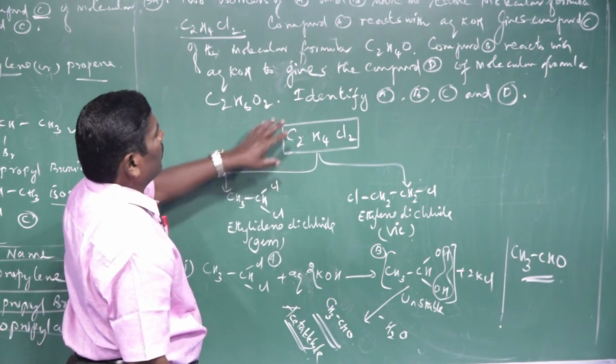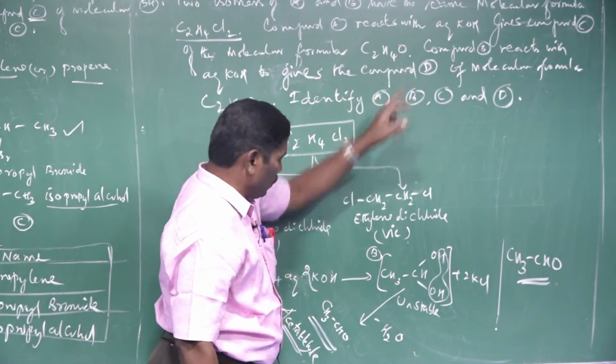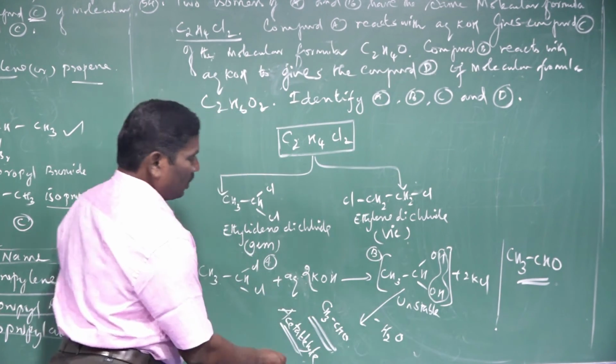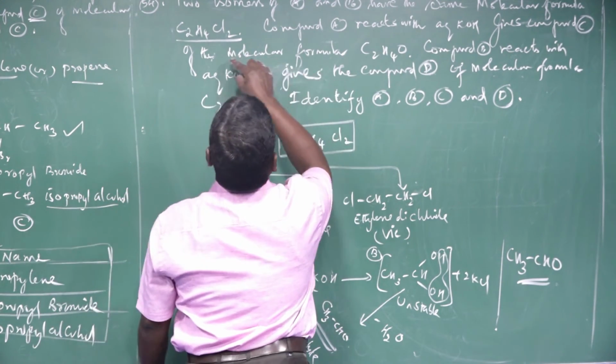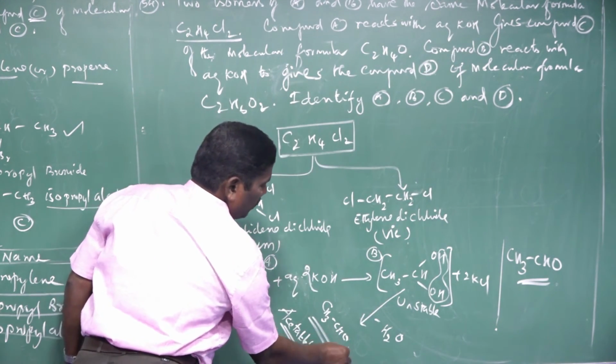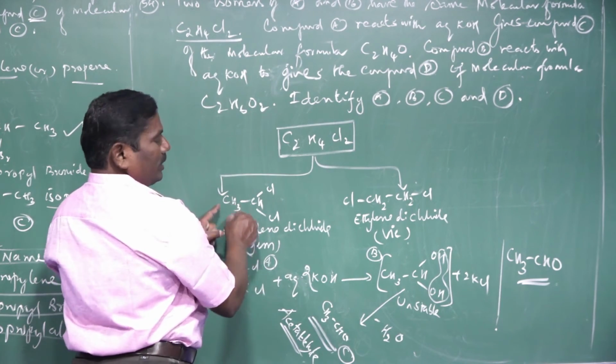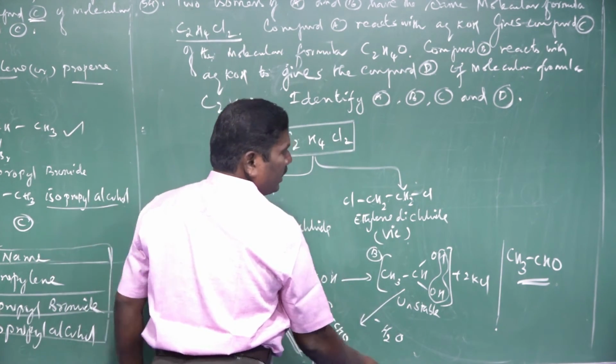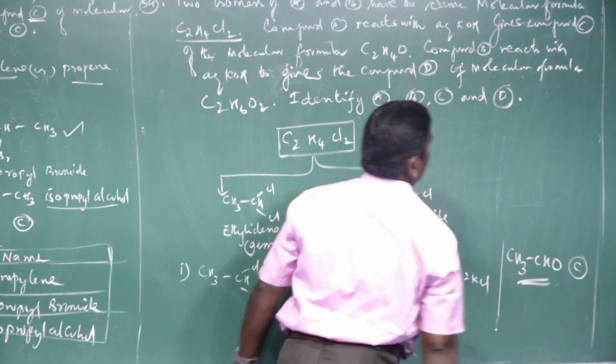This is what is given in our book, C2H4O. This compound with molecular formula C2H4O is compound C. That is acetaldehyde, compound C.